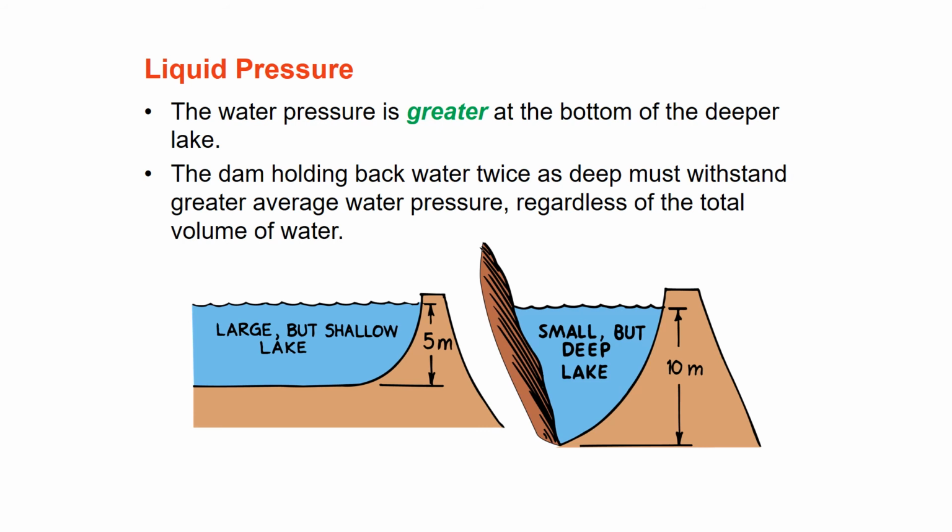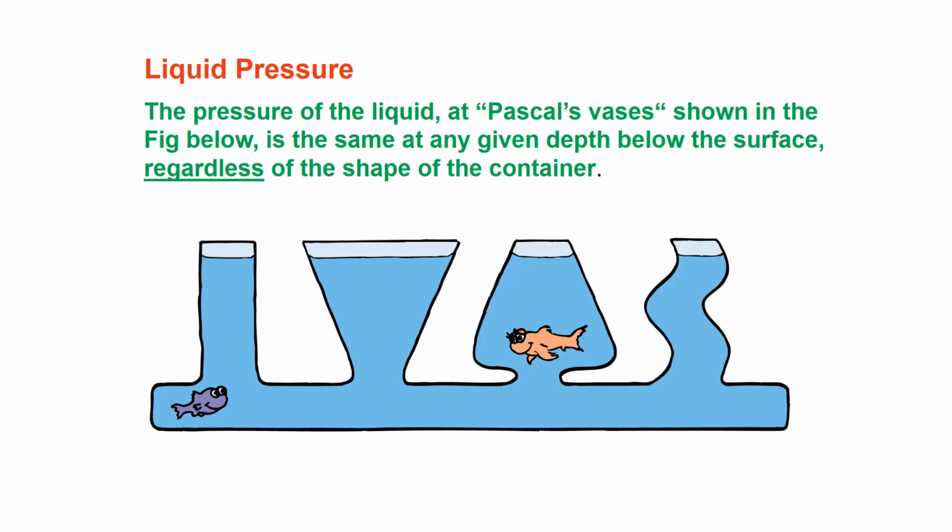Notice the thickness of the dam. In the second case, the thickness is nearly double to withstand the greater pressure which the water produces on the dam. The pressure of the liquid in Pascal's vase, shown in the figure below, is the same at any given depth below the surface, regardless of the shape of the container.